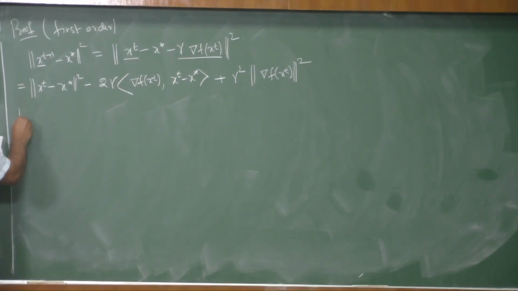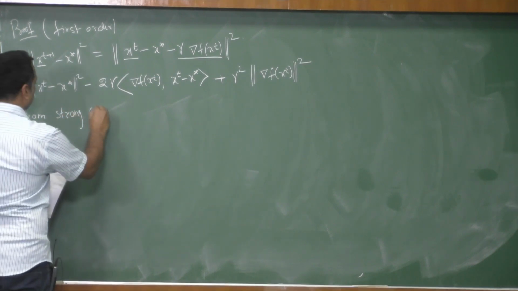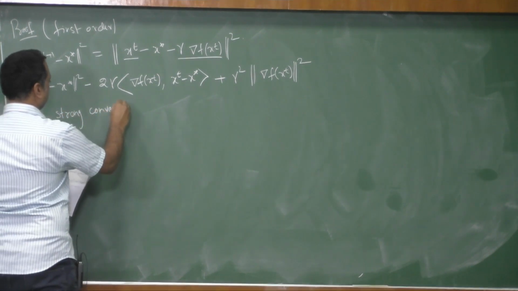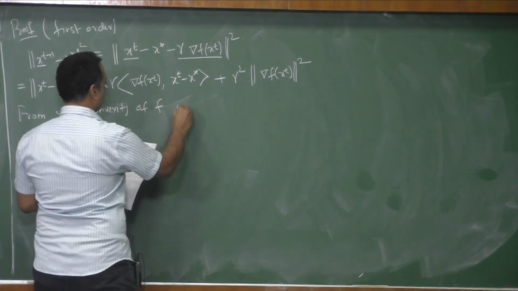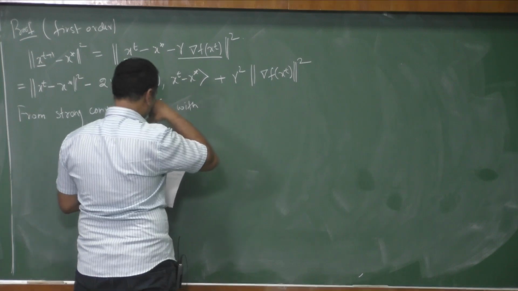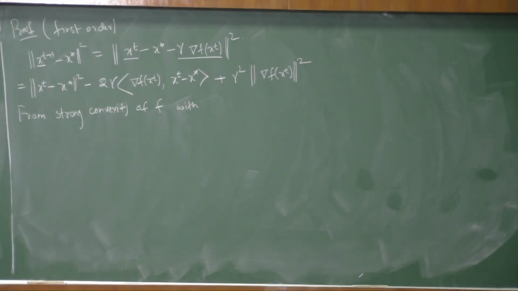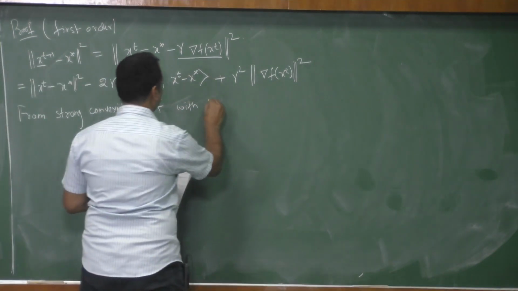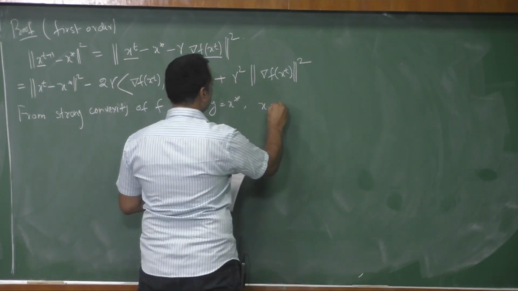From strong convexity of f, we invoke the strong convexity formula with y equal to x star and x equal to x(t).